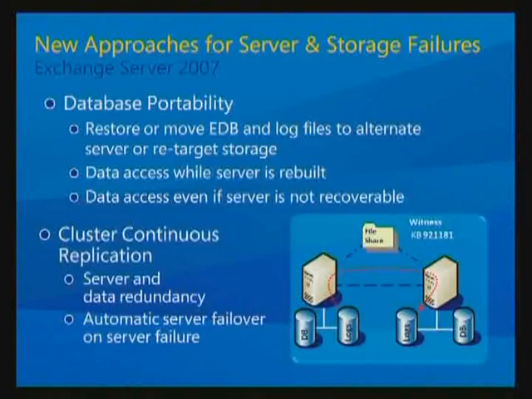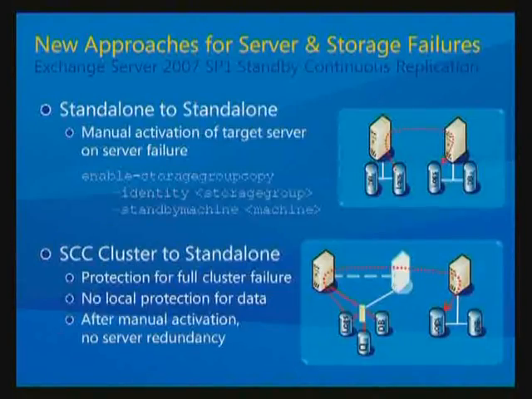And again, for server and SAN failures, CCR, cluster continuous replication, can be really useful in that it does provide the server and the data redundancy for protection of both your service and your data. So the new approach in 2007 SP1 is around SCR.